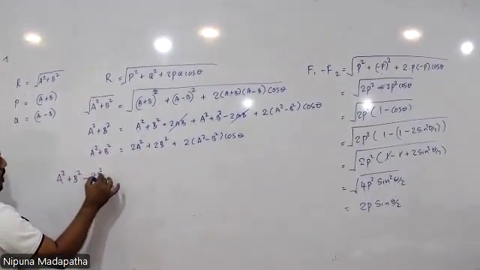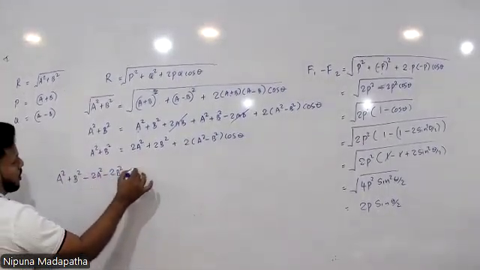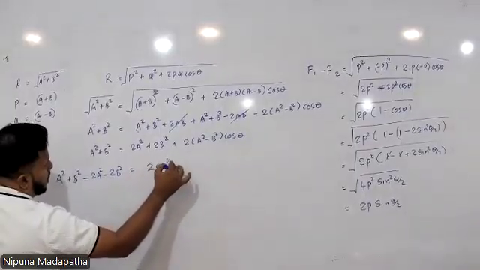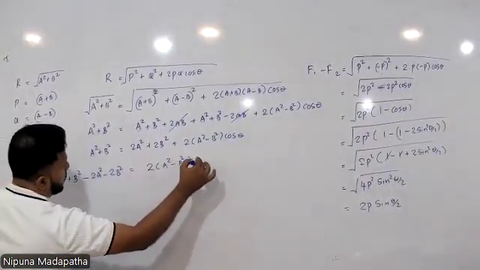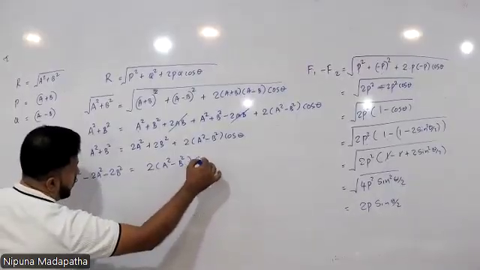Minus 2A squared minus 2B squared equals 2 times A squared minus B squared cos theta.